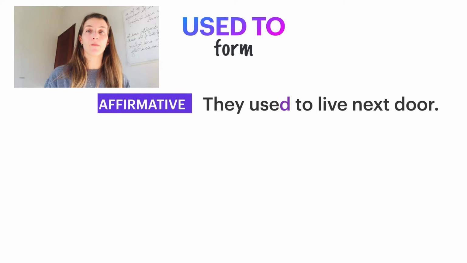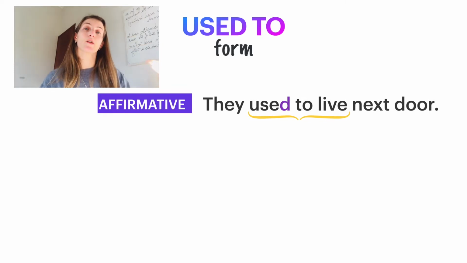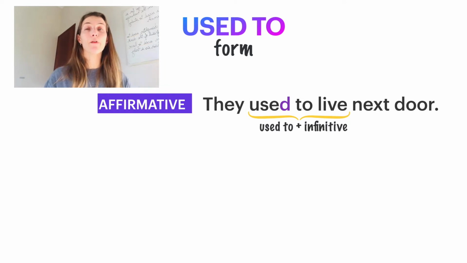Used to live. So what happens here? Attention. Used to live. We have used to make reference to the past, para referirnos al pasado, but then the other verb goes in the infinitive.